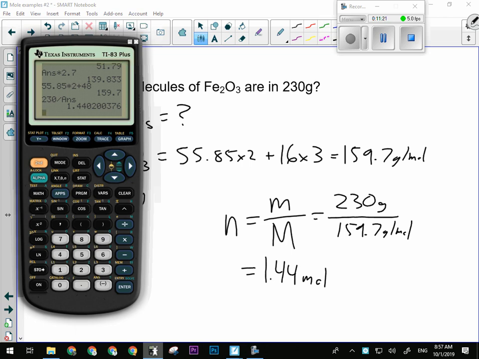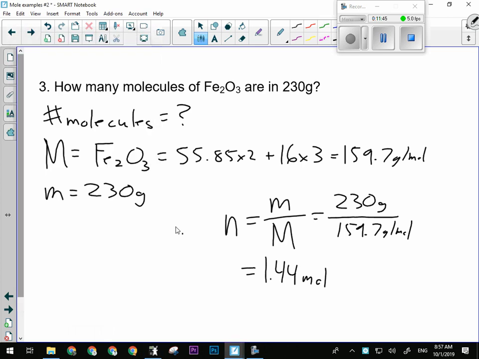I'm going to keep all those decimals for any other mathematical operations in my calculator, because the next thing I'm going to do is use Avogadro's number. Is that a big number? Yeah. If I round off a bunch of decimals and then multiply by a really big number, does that significantly change my answer? It does. So that's why I want to keep all my decimals. All right, so now I know the number of moles.